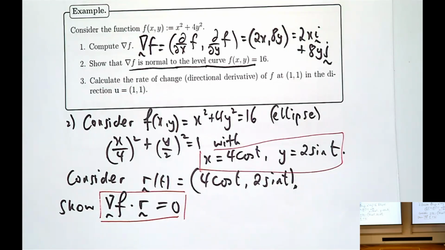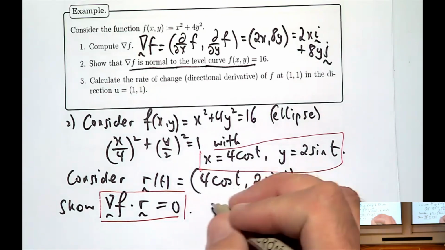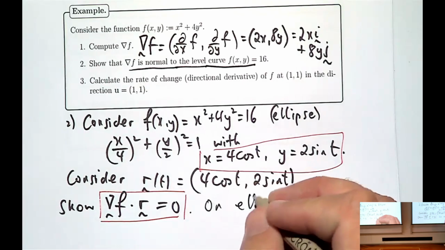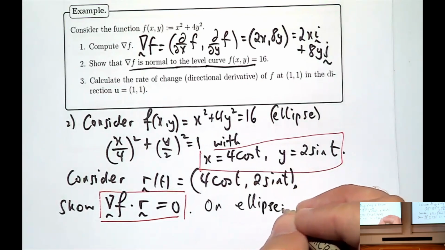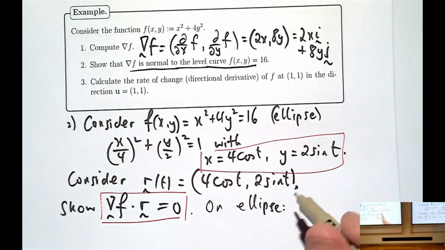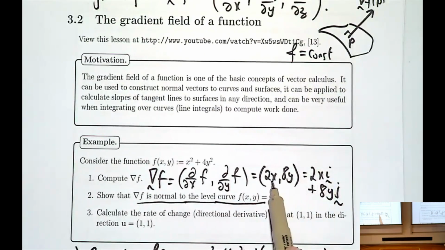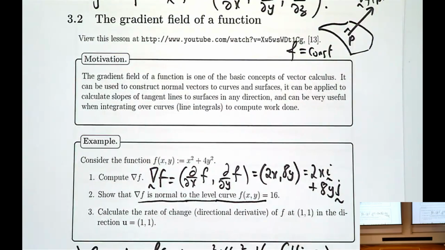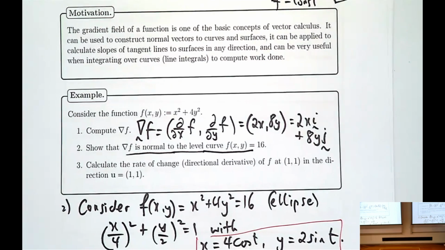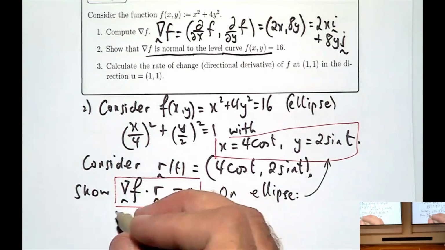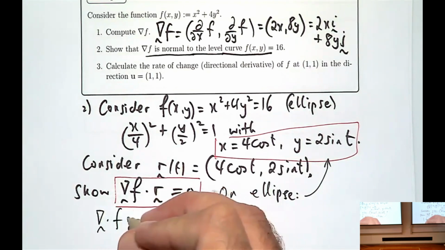Okay, so on our ellipse, that's true. So let's go up here and replace x with 4 cos t, y with 2 sin t.